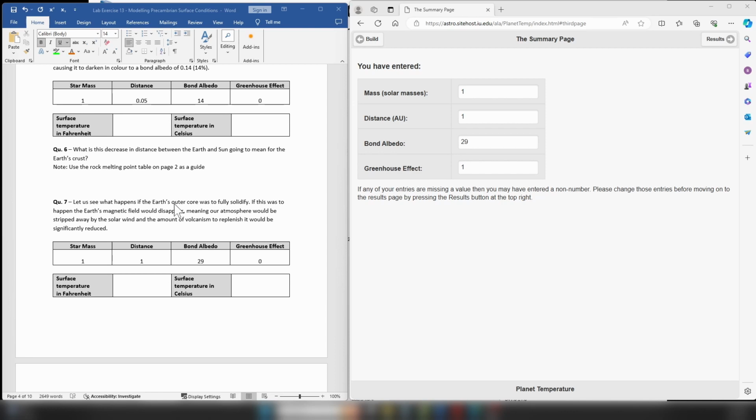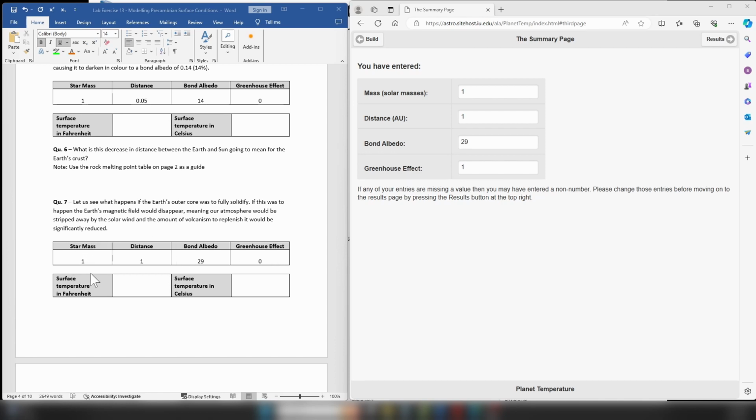Eventually you end up at the point where Mars is now, where it has a very thin, very tenuous atmosphere, which it's just holding on to. But in the past, when it had this magnetic field, its atmosphere would have been considerably thicker and way more Earth-like. So anyway, let's imagine what would happen if the Earth's outer core completely solidified.